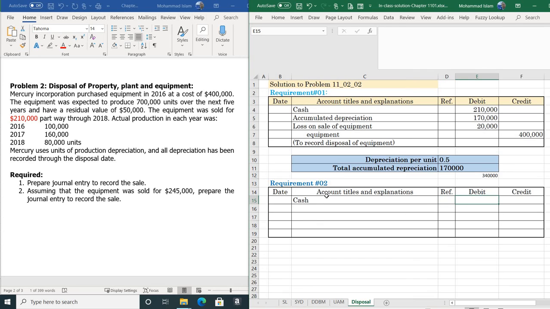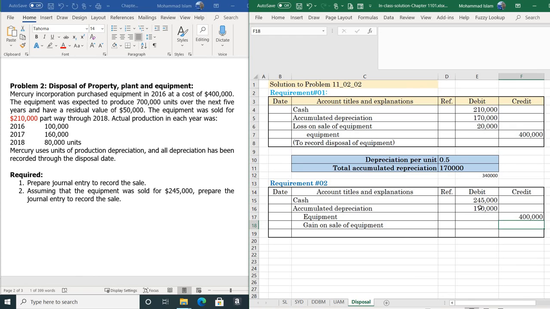So we have received the cash of 240,000, and then accumulated depreciation is debit, that is 170,000, and now equipment credit, that is 400,000, and we have a gain on sale of equipment.